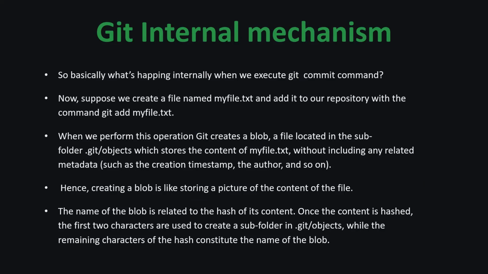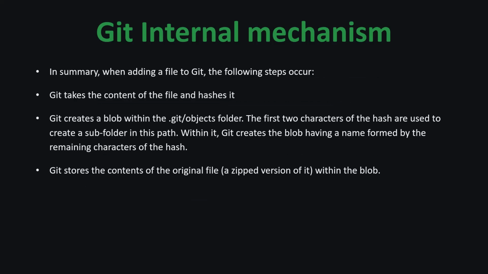When we perform this operation, Git creates a blob, a file located in the subfolder .git/objects, which stores the content of the file. The name of the blob is related to the hash of its content. Once the content is hashed, the first two characters are used to create a subfolder in .git/objects, while the remaining characters form the name of the blob.